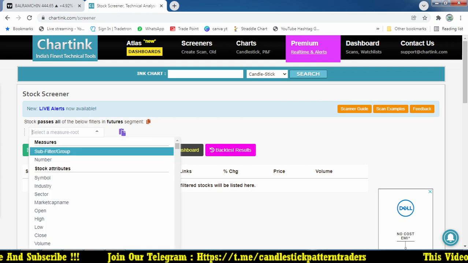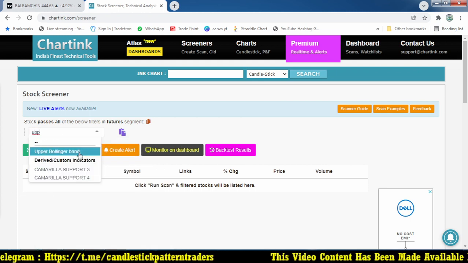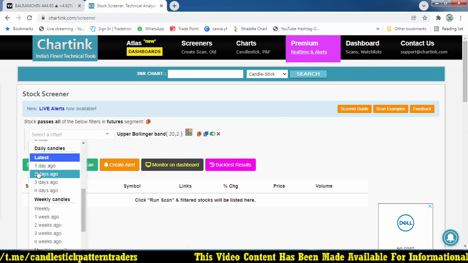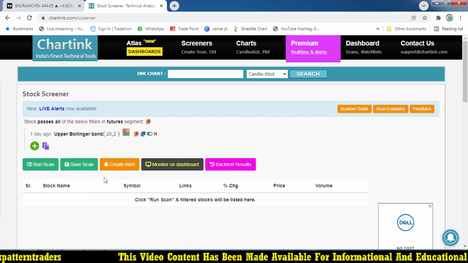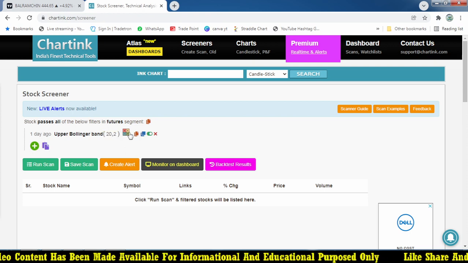Directly we're going to go for the upper Bollinger Band. The 1 day ago upper Bollinger Band, the normal parameter is 22, right? I'm not going to change anything else.